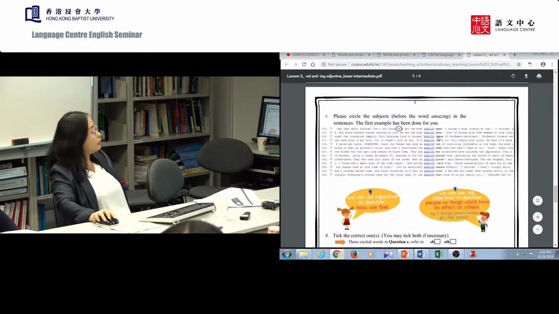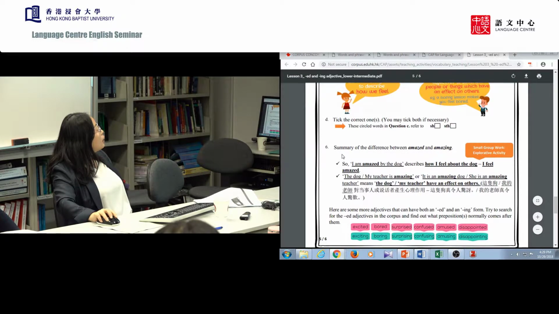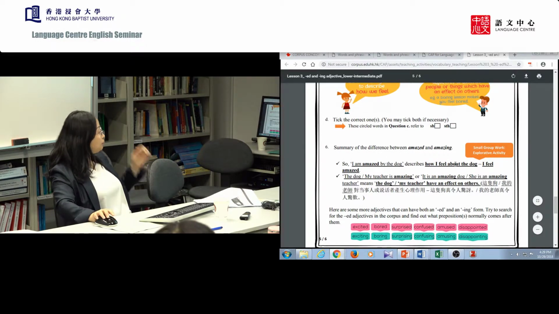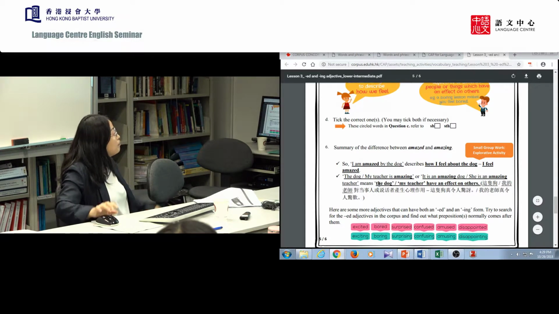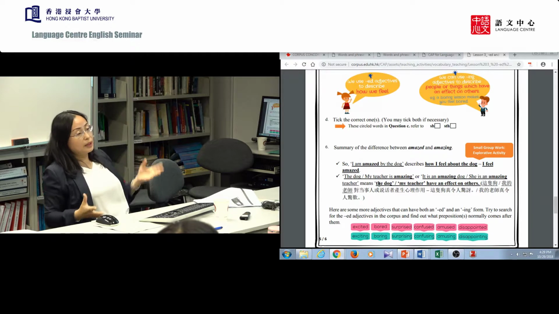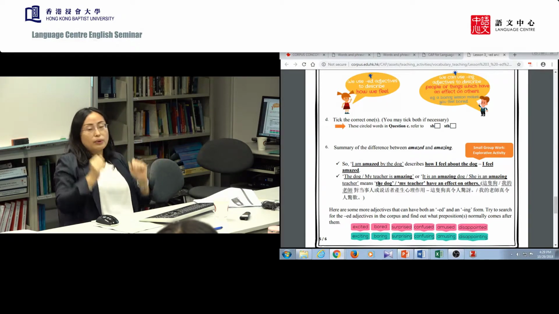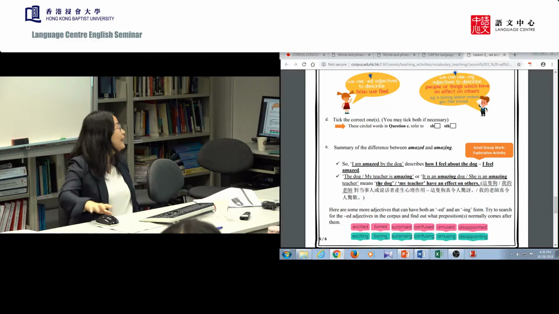Then there is the summary, small group work, an exploring activity. Based on this step-by-step guide, students are able to summarize the usage patterns. It's a bit tricky.